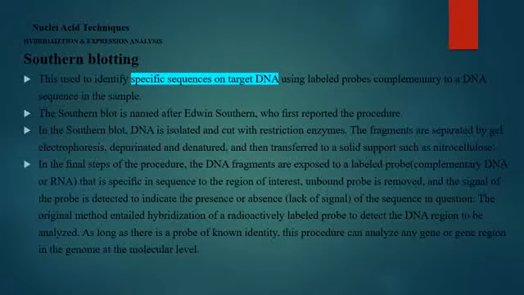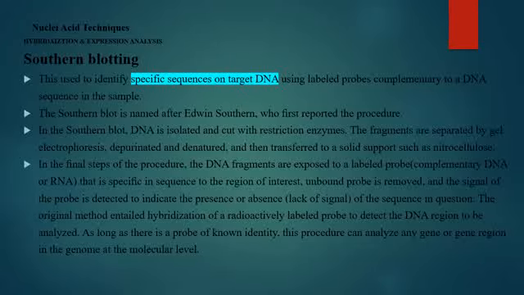So you first isolate them from the cells, now cut them with restriction enzymes, break them into fragments on a gel, denature them, and then transfer them to a solid support such as nitrocellulose.